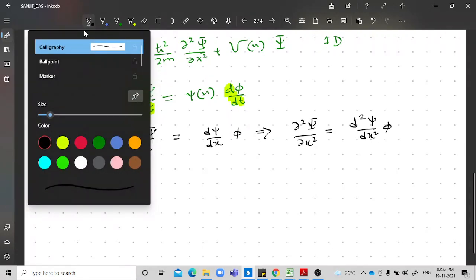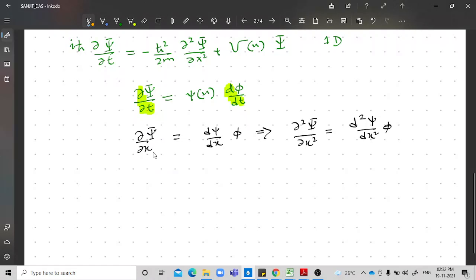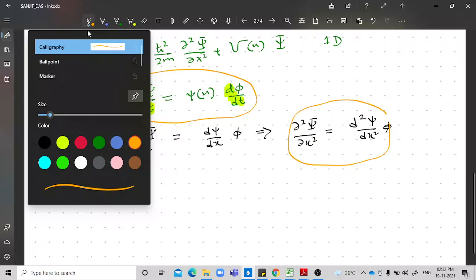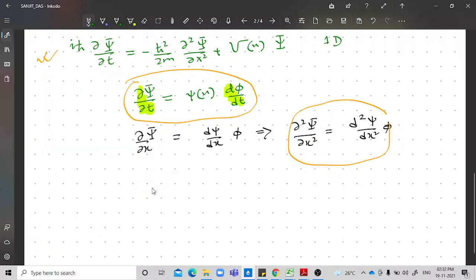What happens if I plug it in? I am going to plug this result into this equation. So let us try to do it. First it will be I h bar, and instead of dou psi by dou t, it will be small psi of x into d phi by dt.